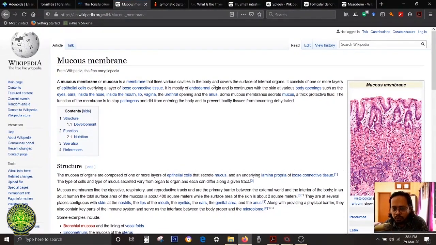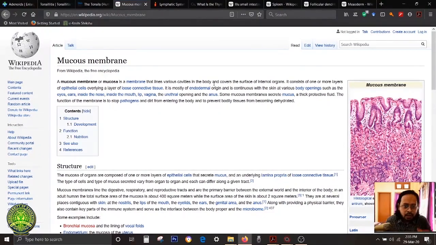Look at the slide. Mucous membrane or mucosa is the membrane that lines various cavities of your body. So what are the cavities that you have in your body? You have the gastrointestinal tract, the respiratory tract, the reproductive tract, the urinary tract, right? So all these tracts will be lined by mucosa, and part of that mucosa will have some lymphoid tissue, which is known as the mucosa associated lymphoid tissue.